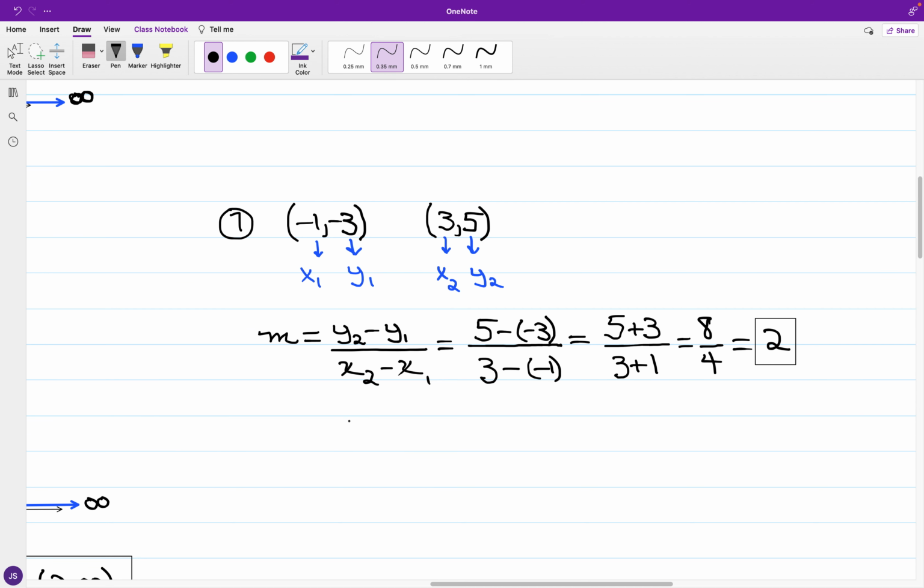Now for the creation of the slope-intercept equation.